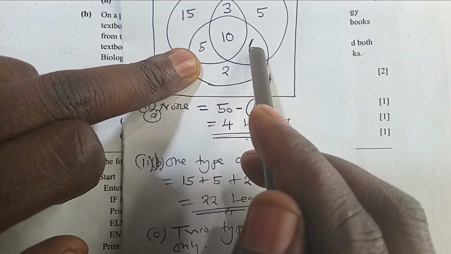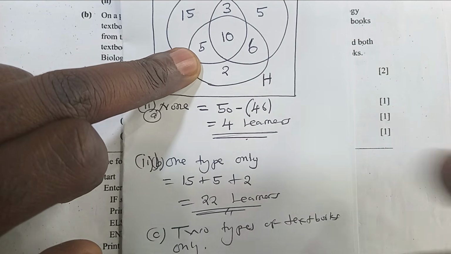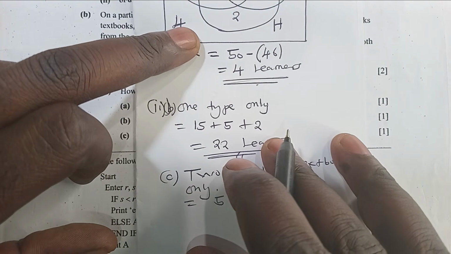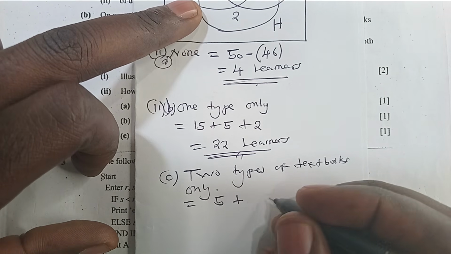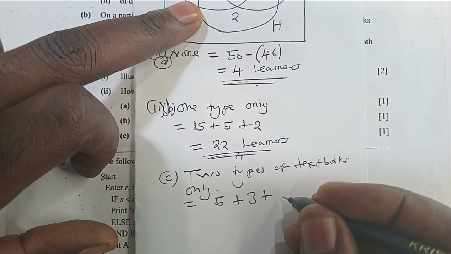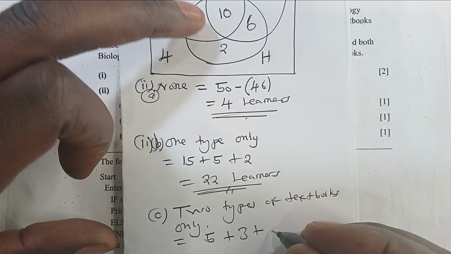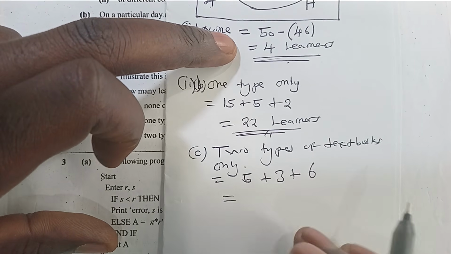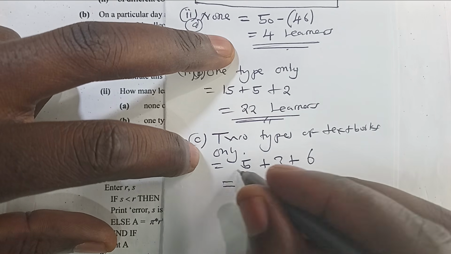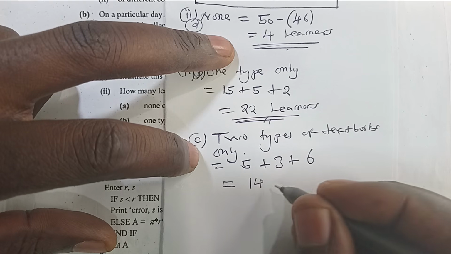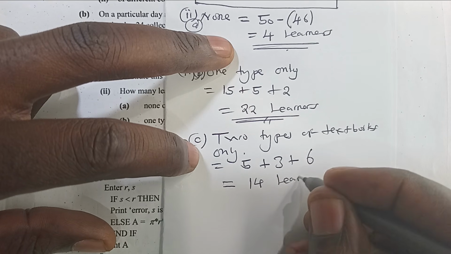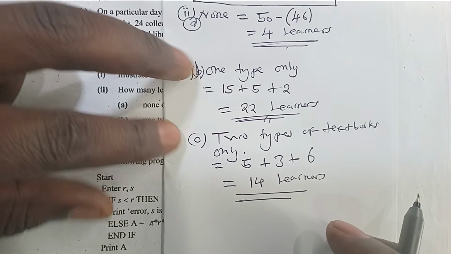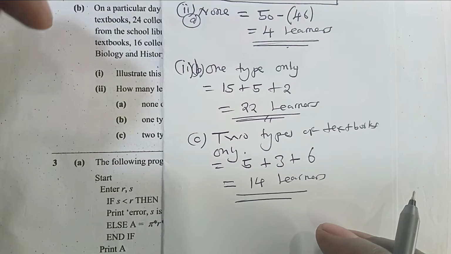Then we get the 6, which was part of the mathematics and history. So we are saying it's going to be 5 plus 3 plus 6, okay, which is going to give us 8 plus 6. We are going to have 14 learners. This is for the last part of the question for number 2.